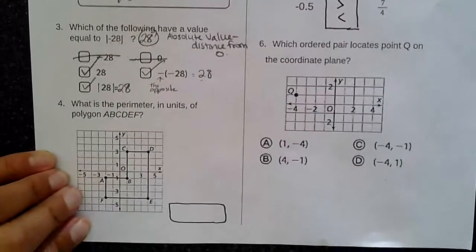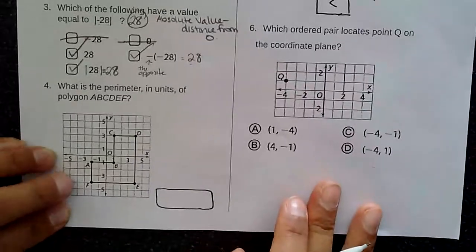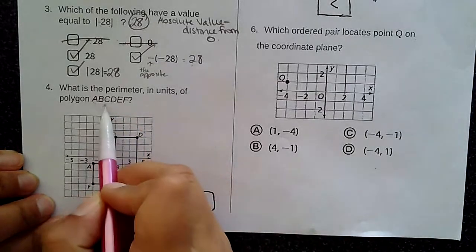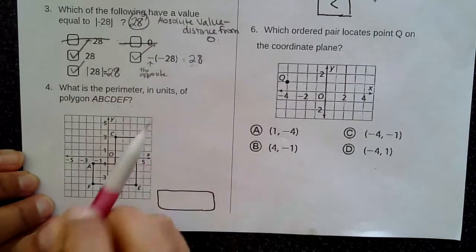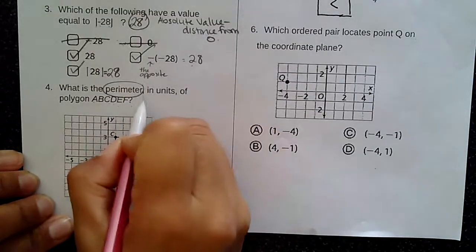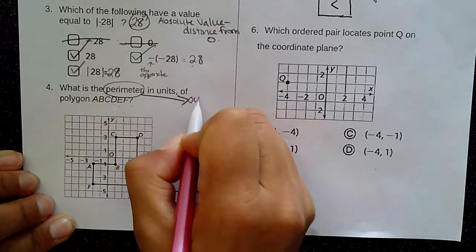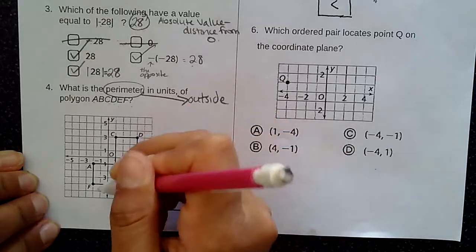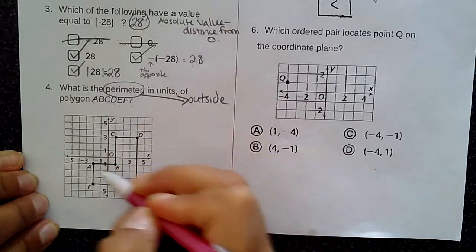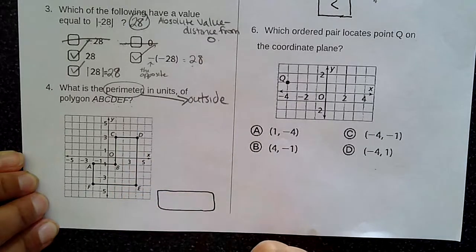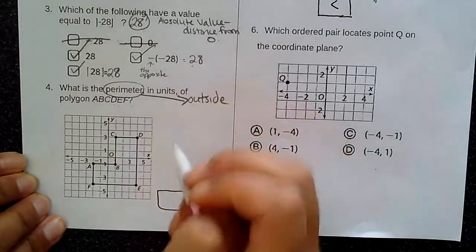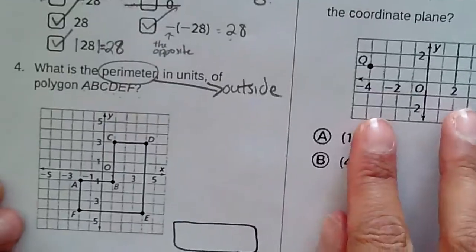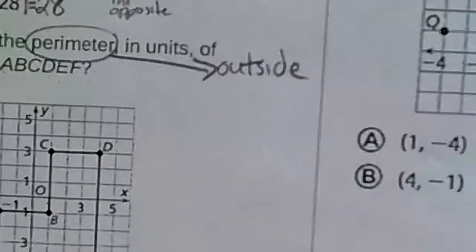Okay, number 4. What is the perimeter in units of the polygon A, B, C, D, E, F? So remember, perimeter is the outside. So how many units are outside of this polygon? Okay. So when we have a coordinate grid, let me zoom in, it's easier to just count.